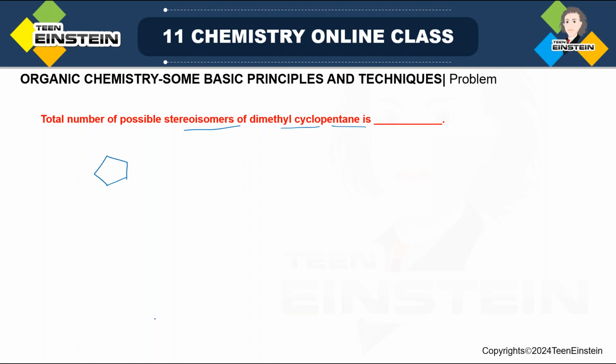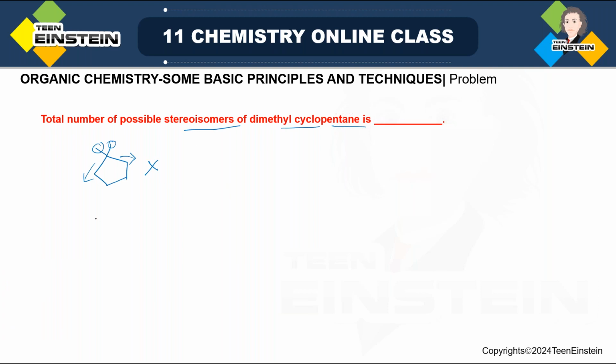If stereoisomerism is not possible, you should not count it when we count the total number. Now the first possibility is if you place both the methyl groups on the same carbon. This carbon is obviously not chiral because two same groups are there. This side is the same, this side is the same. So we should not count it.